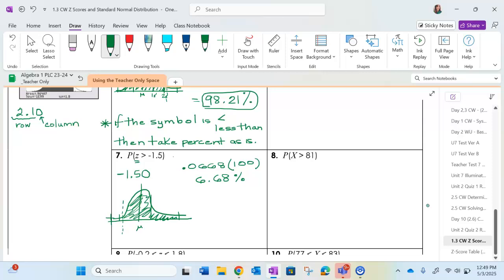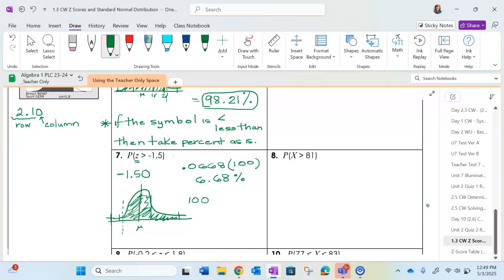Now, 6.68% refers to everything to the left of my dashed line. But I need to figure out how much is on the other side. So the easiest way to do this, and this is for greater than, and I'll write that little note down here too. The whole thing is 100%.